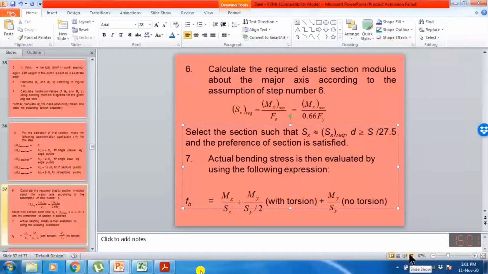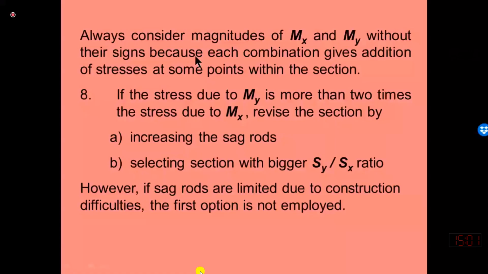Always consider the magnitude of Mx and My without their sign. Mx and My may be negative, but we have to consider them as absolute values in the calculation because each combination gives addition of stresses at some point within this section. So we always need to consider the absolute value.